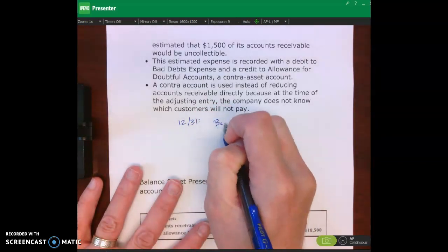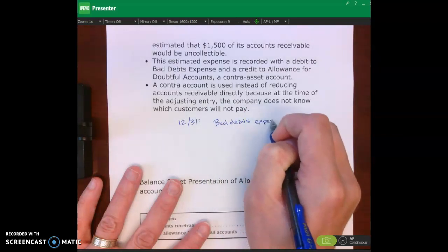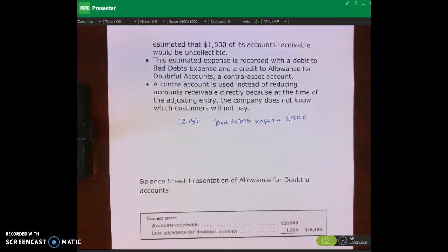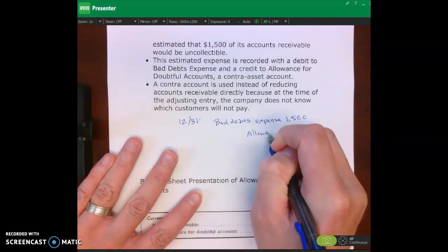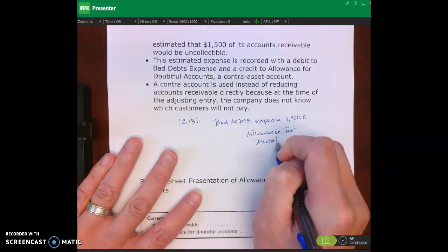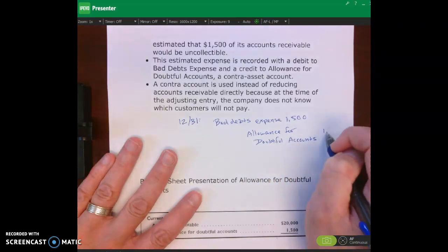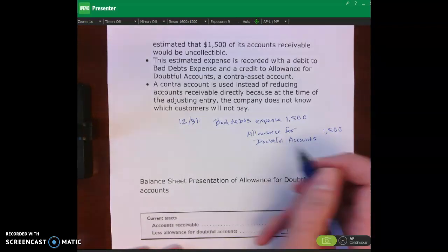We will debit bad debts expense for $1,500, and then we will credit our allowance for doubtful accounts for $1,500. So we debit bad debts expense for $1,500, credit the allowance for doubtful accounts for $1,500.